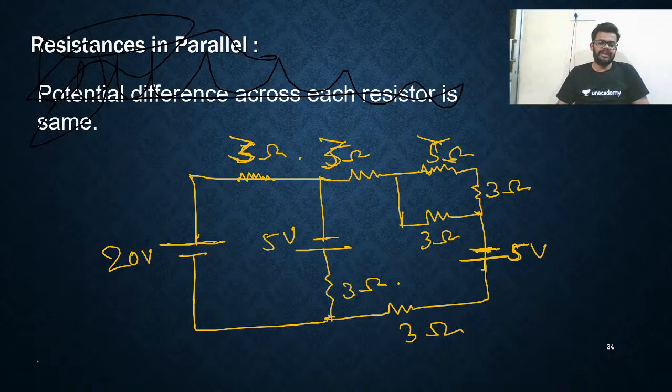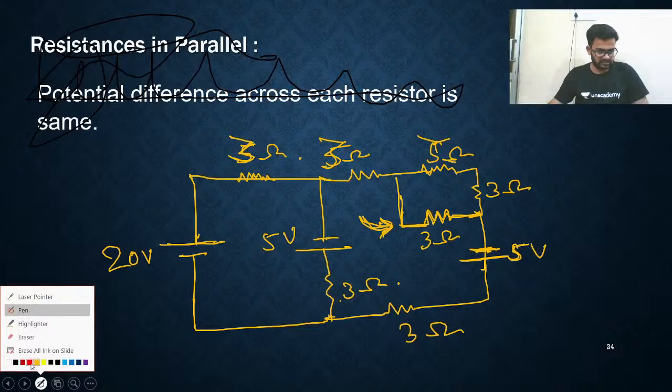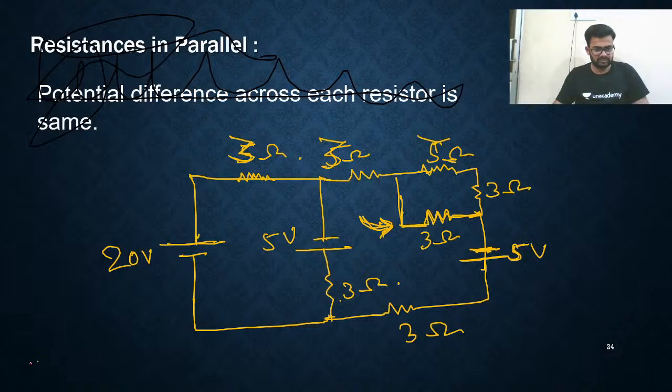Find the current passing through this 3 ohm resistance. That's all you need to find. Try this. Find the current passing through this red branch.